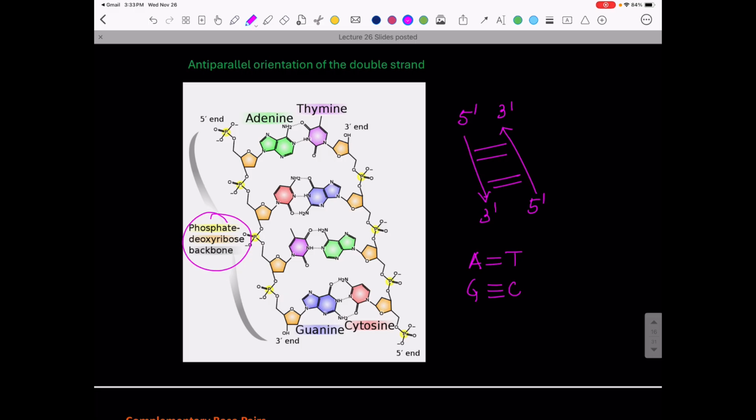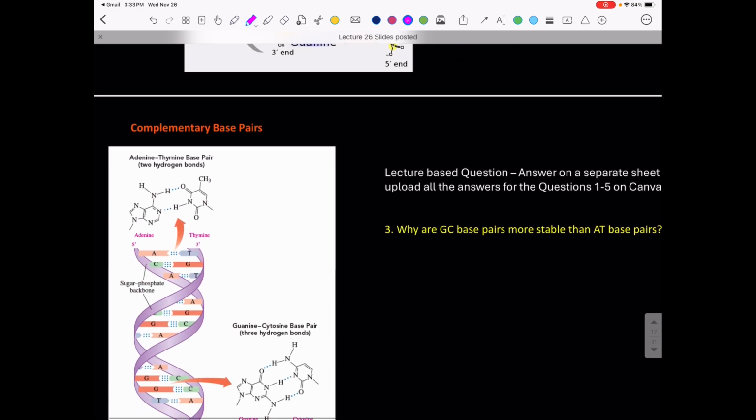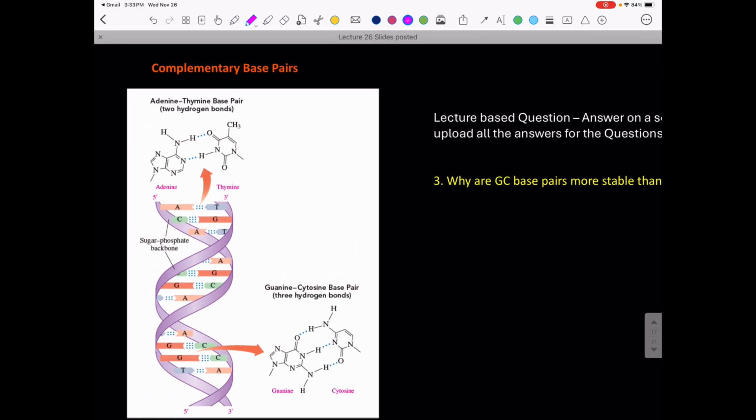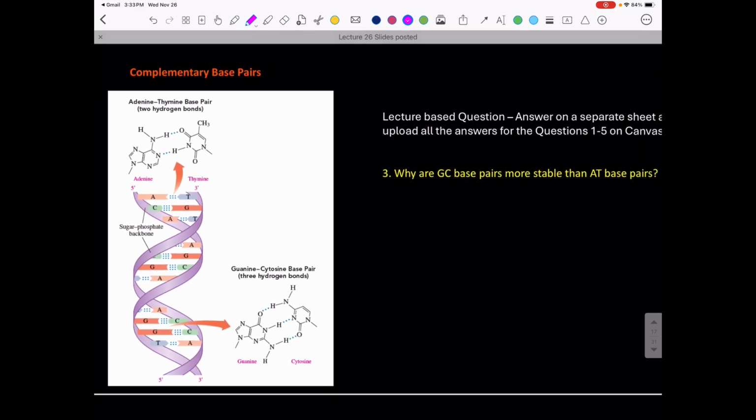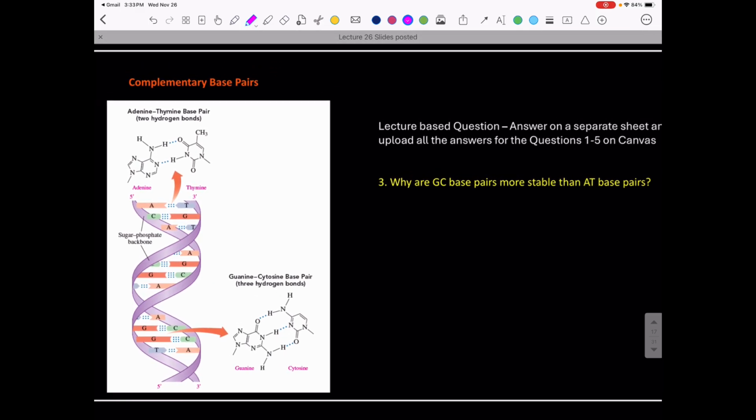So knowing the sequence of one of the DNA strands, we can easily figure out the complementary DNA strand. So let's say, for example, if we were to have a strand which is 5' to 3' running in A, G, T, C, A, T, G. Now we can easily write the complementary, which runs in the opposite direction, 5'.